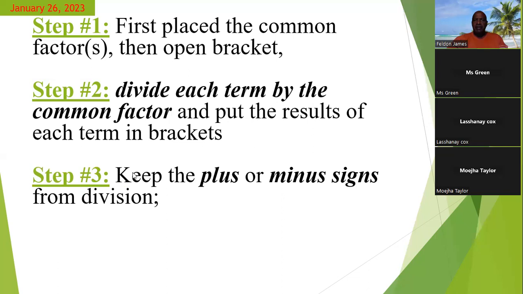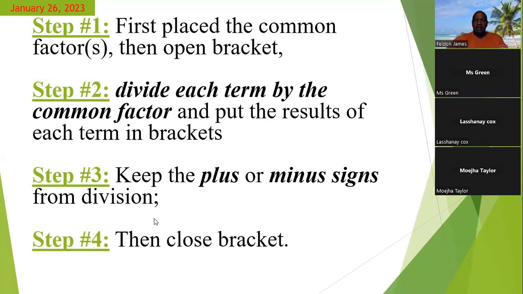If you're factorizing with a negative, the sign is going to change to its opposite. Now, once you have divided all of them and put all of those results in the bracket, you simply close the bracket, and that will be the end of that factorization process.